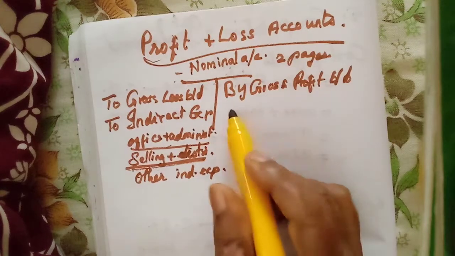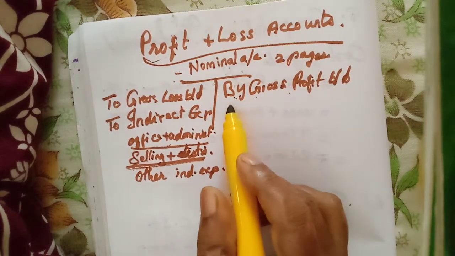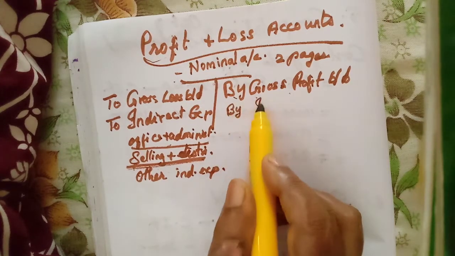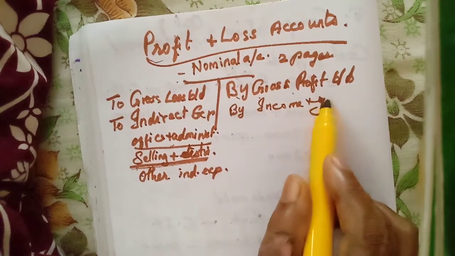Again, on the credit side it starts with gross profit, then other income and gain. What are the income and gain?